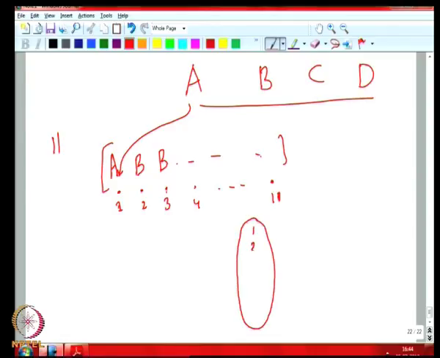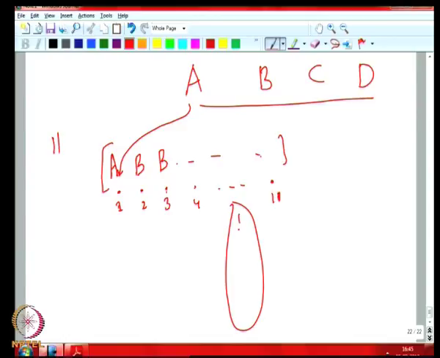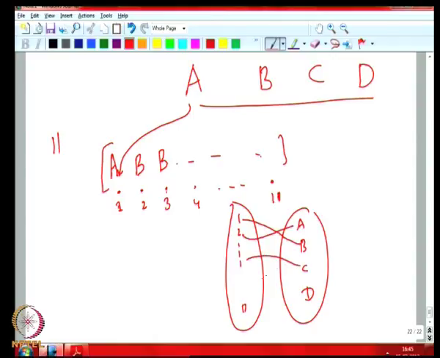The people are written here 1, 2, 3 up to 11, and here the subdivisions A, B, C, D. Each person is assigned to a subdivision. Clearly, this is a function because each person is assigned to a subdivision, and the same person is not assigned to more than one subdivision. One person can be assigned to only one subdivision, and each person has to go to a subdivision.